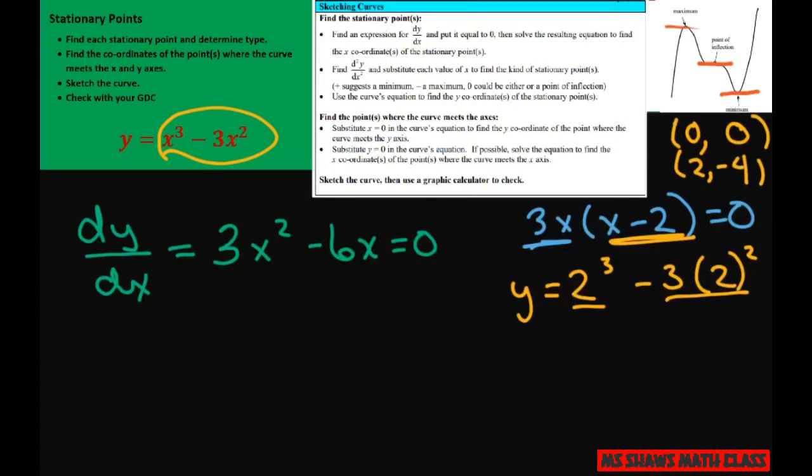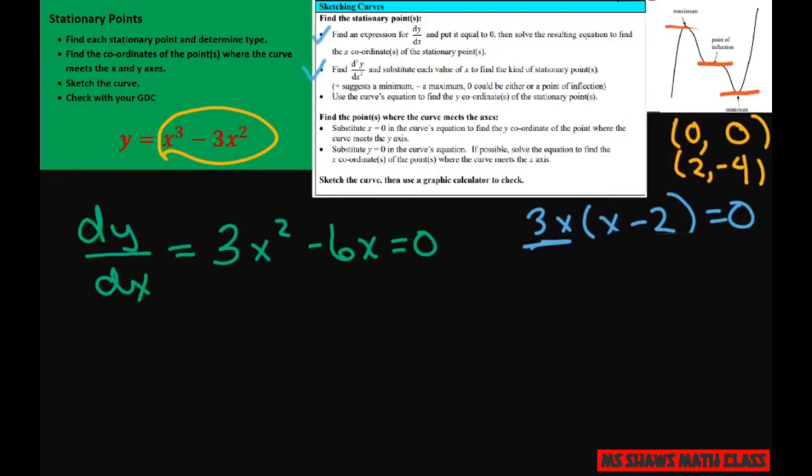So now that we have our 2 points, we've got to determine, are these maximum points, minimum points, or stationary points? And to do that, we're going to find the second derivative to find what kind. If we get a positive number, it suggests a minimum, because the gradient on the right side is positive.